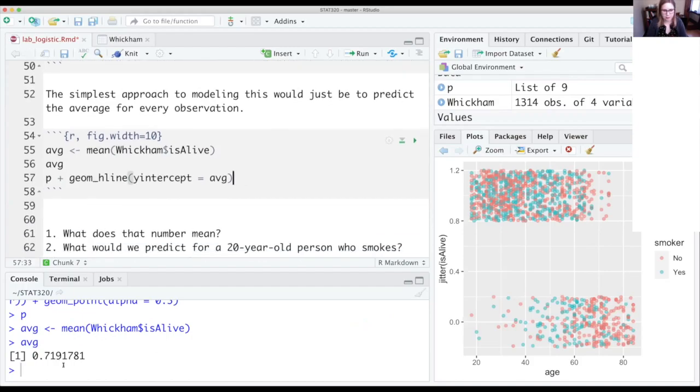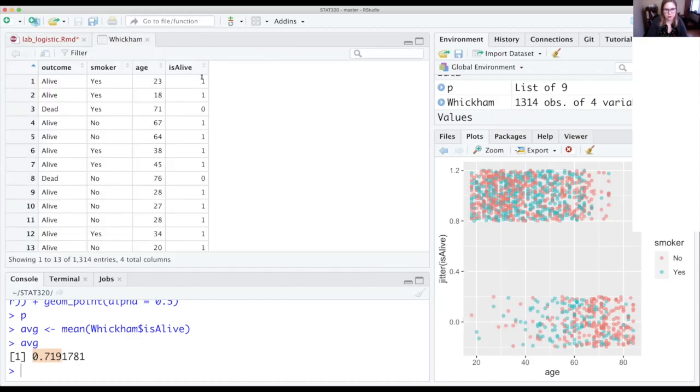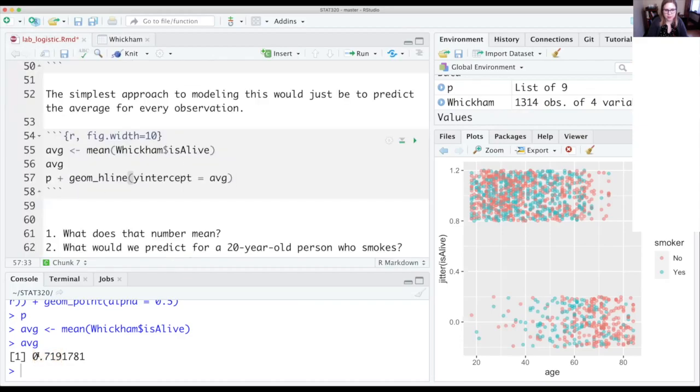And what does that number mean? What does 0.719 mean about my data set? It's the average of this variable, which is just 1s and 0s. So if I take the mean, what do I get? What does that number represent?